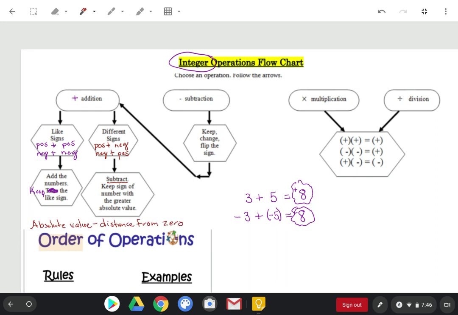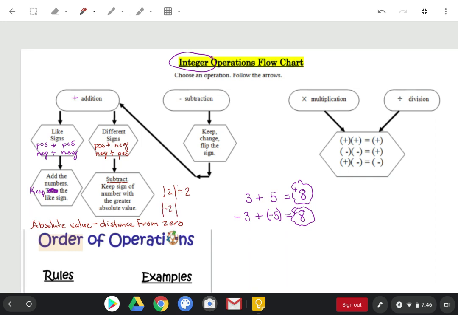So if I were on a number line and I ask you what is the absolute value of 2, notice I put 2 bars around the 2. Those 2 bars mean absolute value. All I'm asking you is how far is 2 from 0? So 2 is 2 units away from 0. I could ask you what is the absolute value of negative 2?